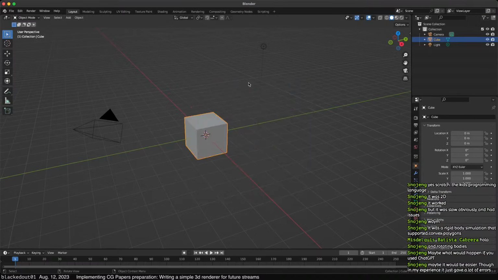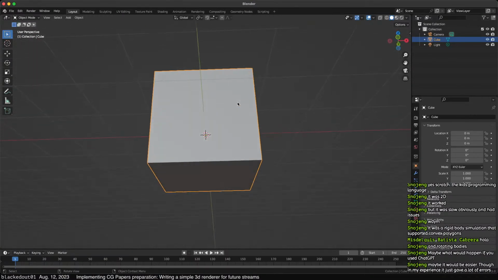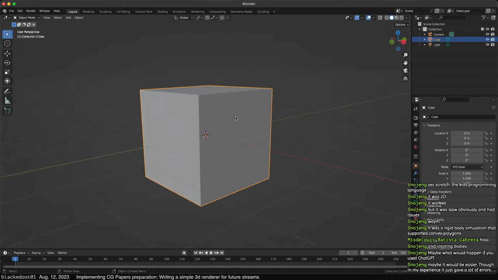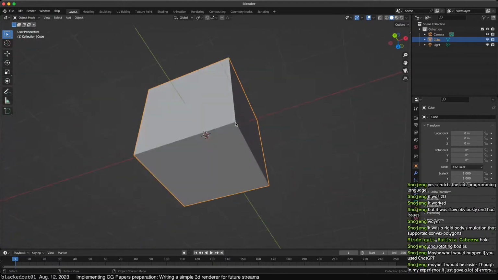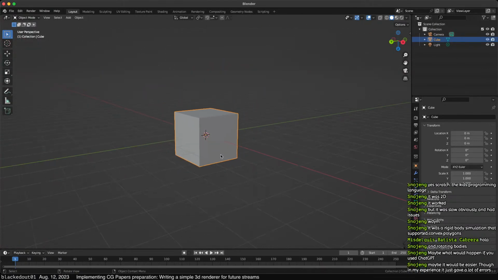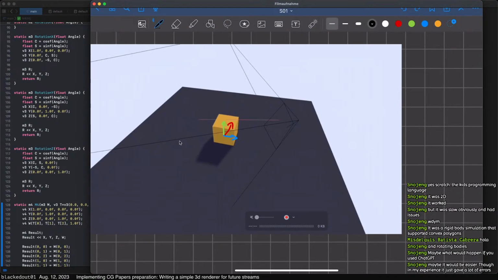In Blender you have this focus point here, and you just rotate your camera around this point, and you can also zoom. So that's what I want to construct now, this type of camera.